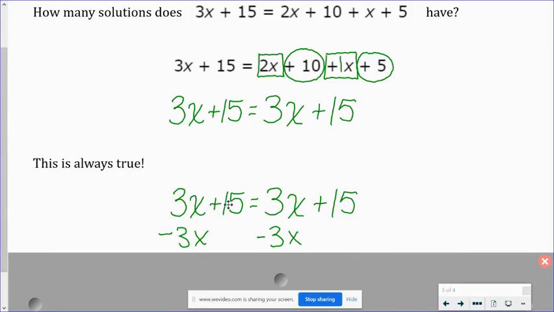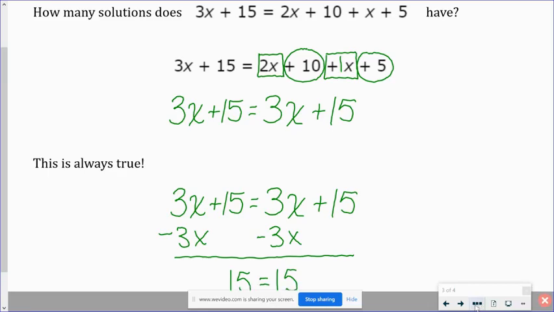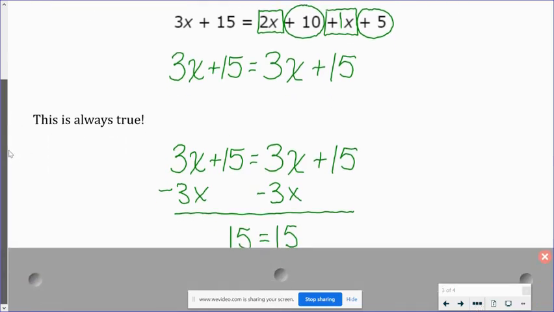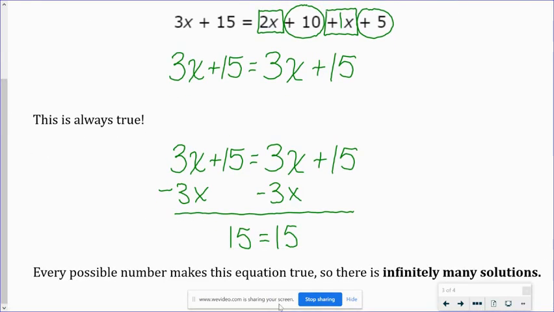So all that's remaining on the left side is 15, and all that's remaining on the right side is 15. 15 equals 15 is always a true statement. So once again, every possible number you could think of can make this equation true. So therefore, there are infinitely many solutions.